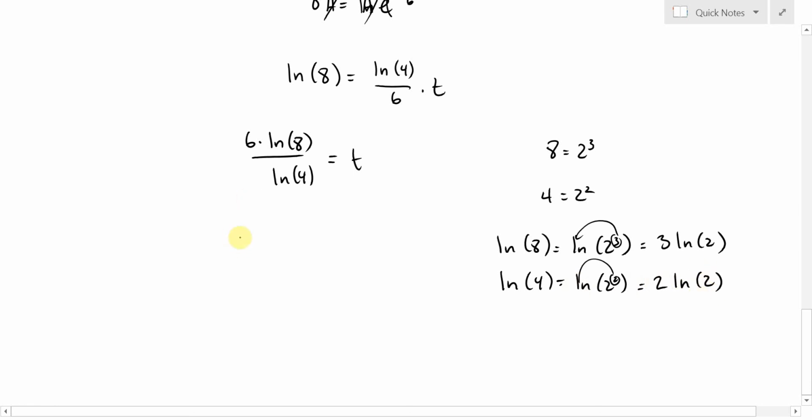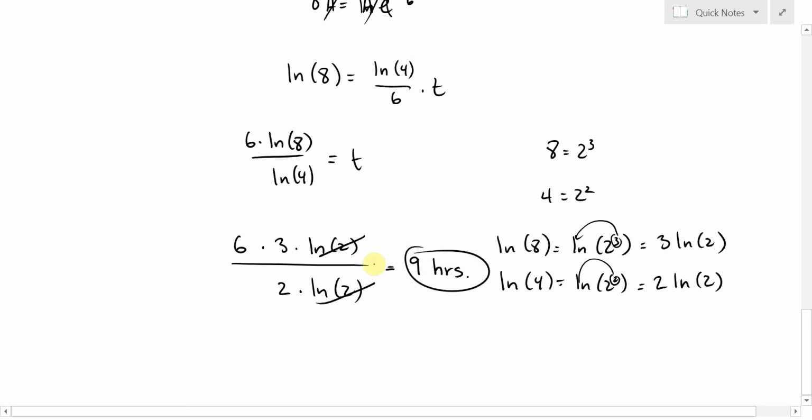So we can rewrite this as 6 times 3 ln of 2 over 2 ln of 2, and now the ln of 2's are the exact same thing, and they can cancel. And you have 6 times 3 over 2. 18 over 2 is 9. I think the unit we were dealing with was hours.